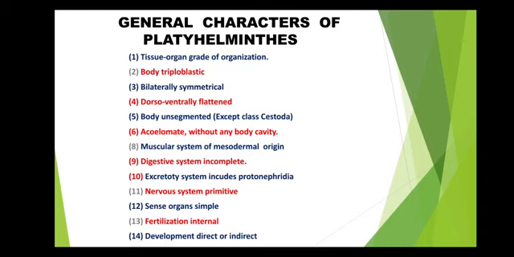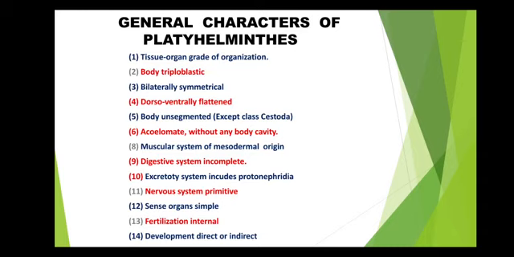Point number 13, reproductive system, mostly monoecious, hermaphrodite with complex reproductive system, well-developed gonads, gonoducts, and accessory organs, eggs mostly devoid of yolk. Yolk is produced separately in yolk or vitelline glands. Asexual reproduction by transverse binary fission occurs in most flatworms.